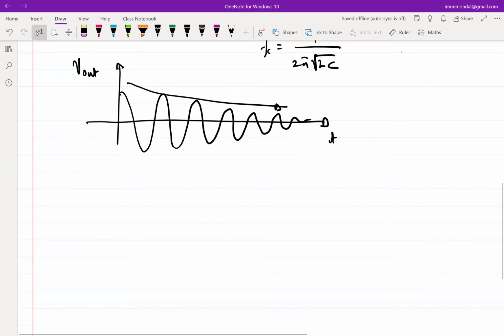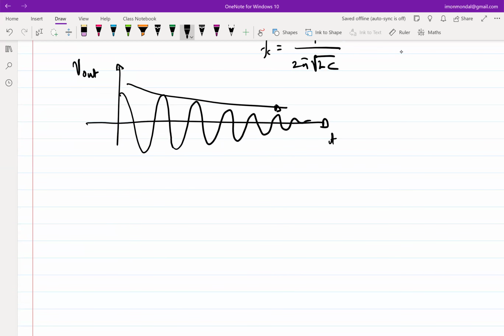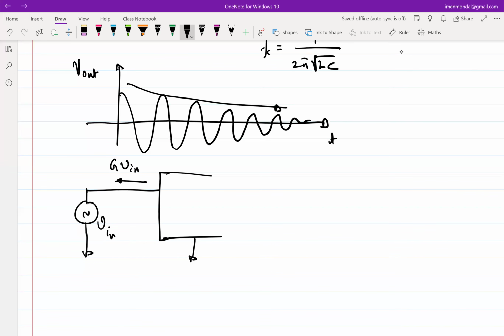So the goal is to design something so that when I put in a voltage here, V1 or V in, I should be able to get a current back in this direction, which is equal to G times V in.